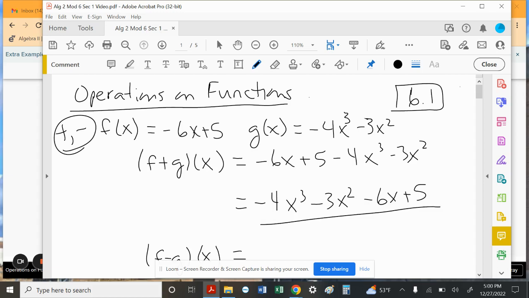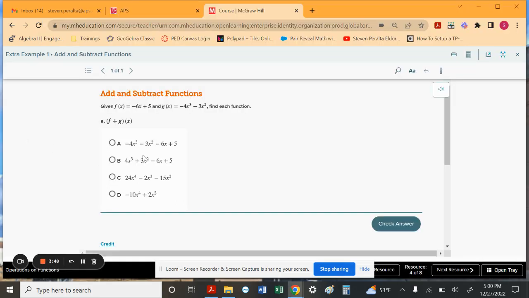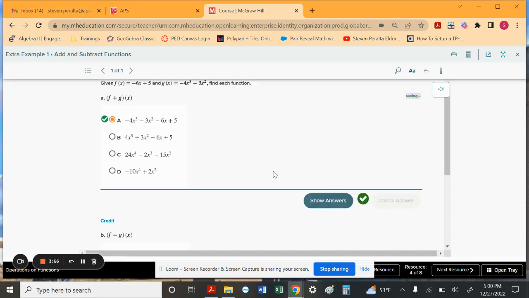Always put it from highest degree to lowest degree. So there we have our particular answer: negative 4, negative 3, negative 6, and positive 5. So that would be answer A. Okay, so we're good there.